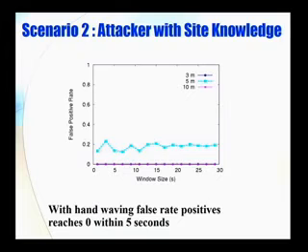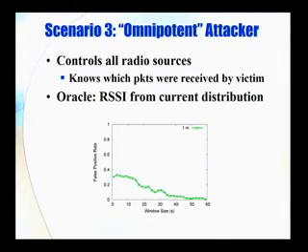Well, if you use hand waving in this particular case, again, it drops down to 0 in less than 5 seconds. We then look at the case where we have an extremely powerful attacker. This is really not a feasible attack. It's an attack where the attacker has control of every single radio source in the environment.